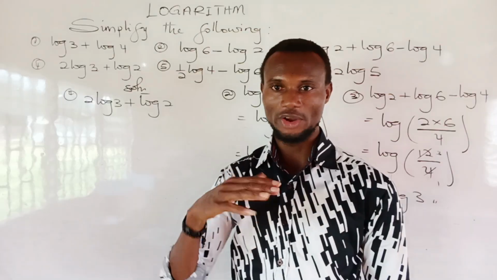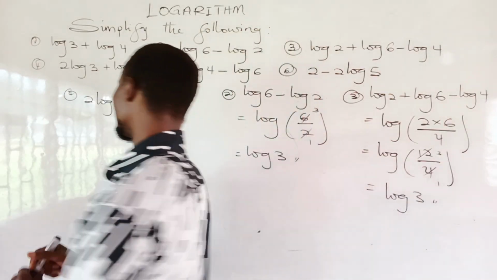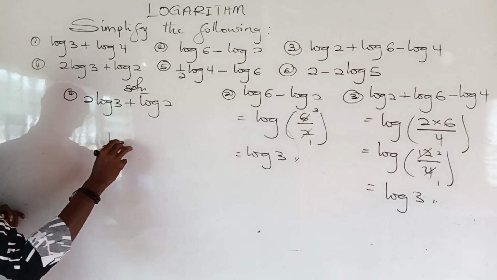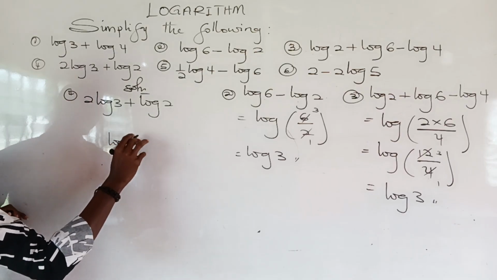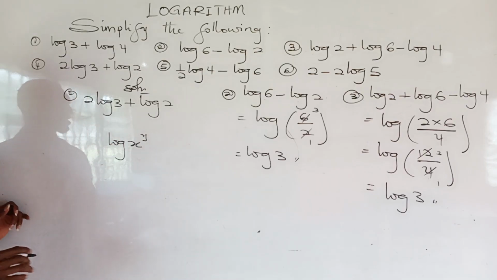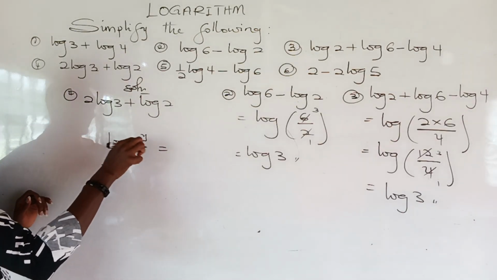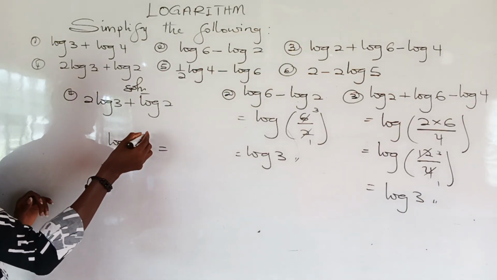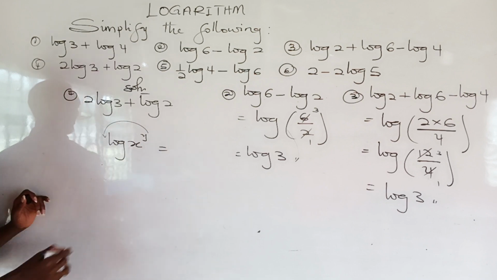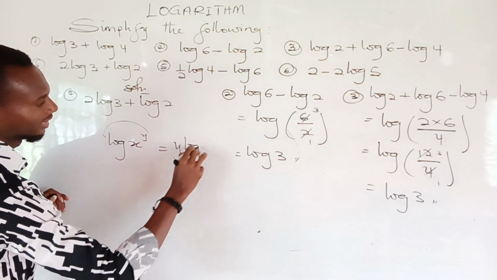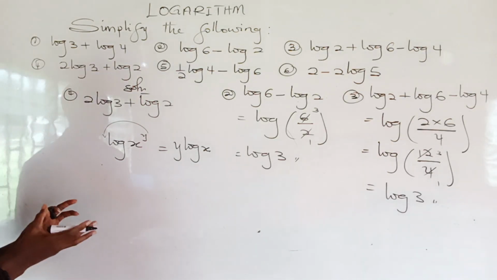Now, let me do a quick recap on the power rule. Now, the power rule says that if you have, let's say, log s to the power y, the power rule simply says that the y, which is here, which is a power to the s, will come in front of the log. So I'm going to write it as y log s, as simple as that. That's the power rule.